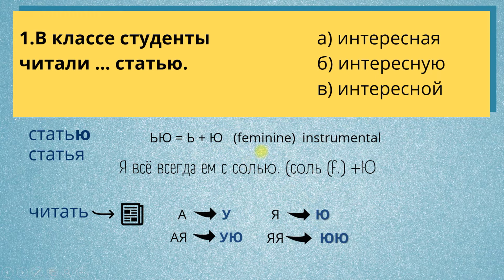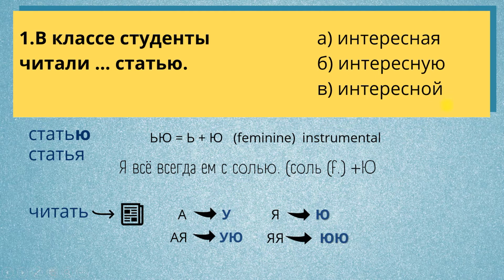It's not instrumental case because of the meaning of the sentence. Yeah, the endings are the same in instrumental and in accusative. But then we go to the situation. According to the situation, it's accusative case, not instrumental. And our adjective should be with either "uyu" or "uu" ending.